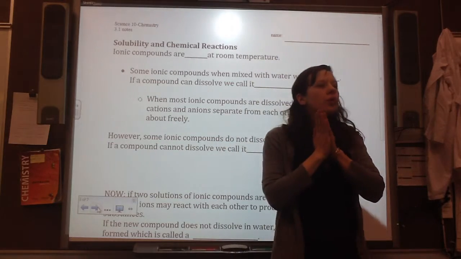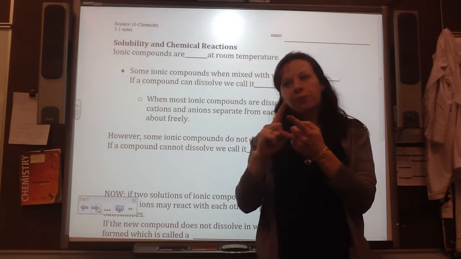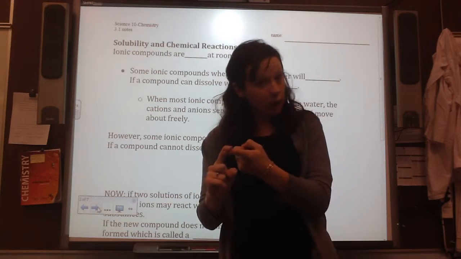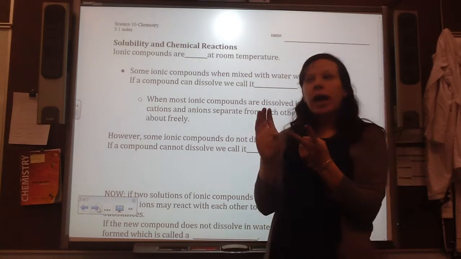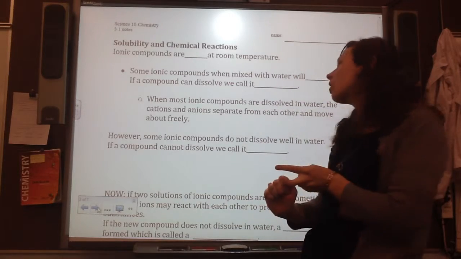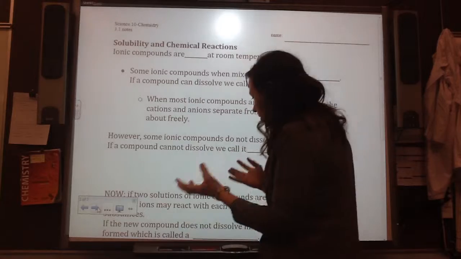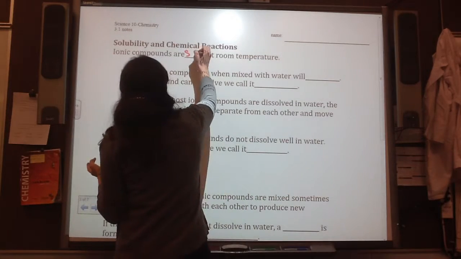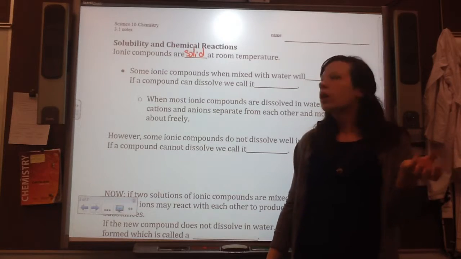So in the lab, you figured out that we were testing salt water and sugar water. So it's sodium chloride aqueous and C6H12O6 aqueous. Now, ionic compounds, when we start with them, are solid. When you look at just salt, it's a solid.